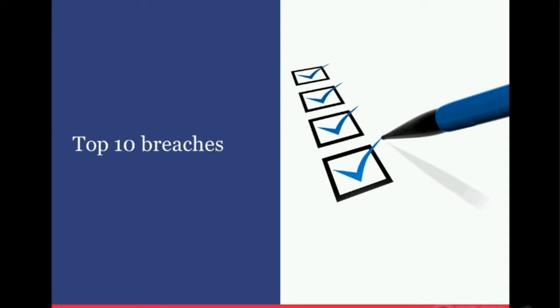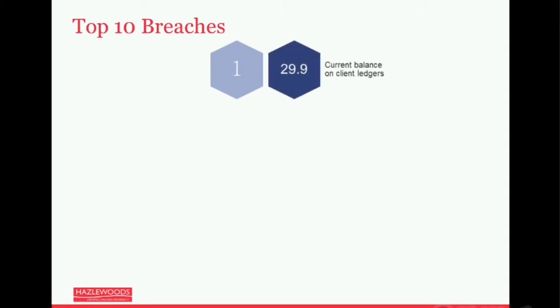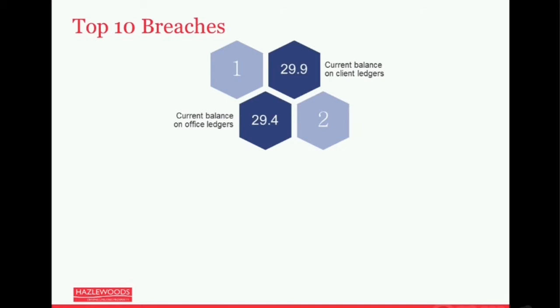Last year, Hazlewoods completed 88 accountants reports. From these reports, we collated the top 10 breaches. So, number 1 was Rule 29.9, current balance on client ledgers. 2. Rule 29.4, current balance on office ledgers. 3.